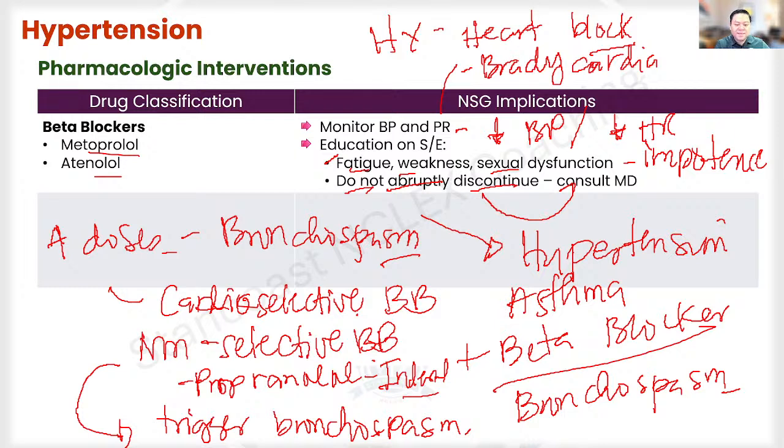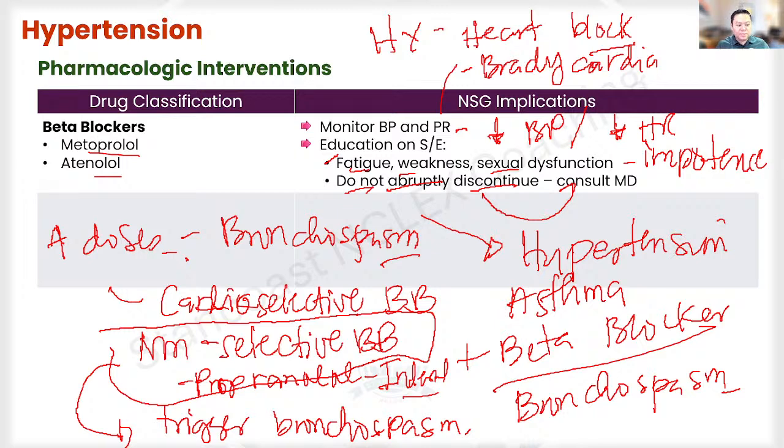Most often what is emphasized in the textbook, especially pharmacology, is that we avoid the use of the non-selective beta blocker in a patient with asthma because they are known to really cause bronchospasm. However, even though it is safe to administer the cardioselective beta blocker in an asthmatic patient, it can still cause bronchospasm if the dose is higher, or if there's a need to adjust the beta blocker medication.